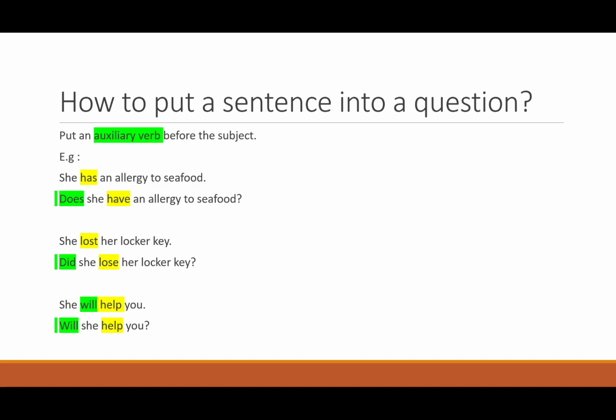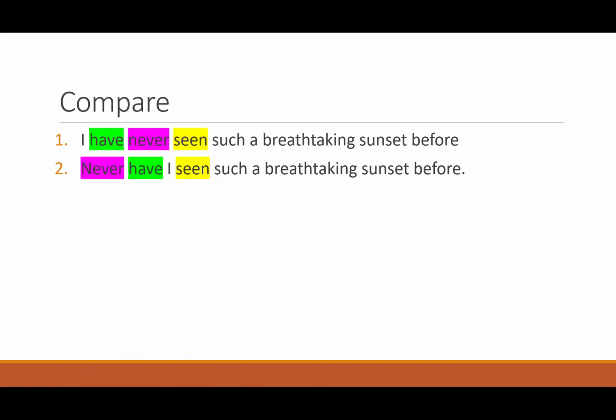If you look at the sentences, all of them use an auxiliary verb before the subject. And then after the subject, we use the main verb. Now, compare the two sentences. I have never seen such a breathtaking sunset before. The next one, never have I seen such a breathtaking sunset before.